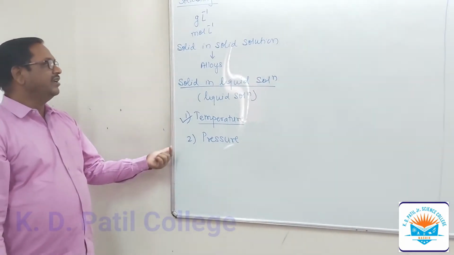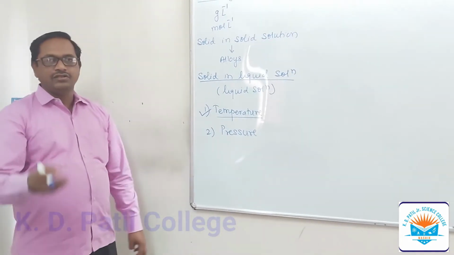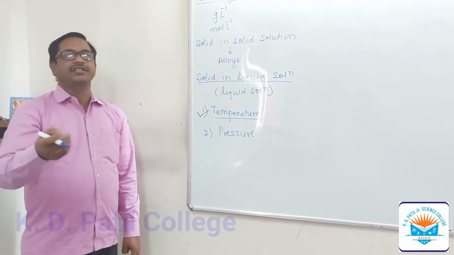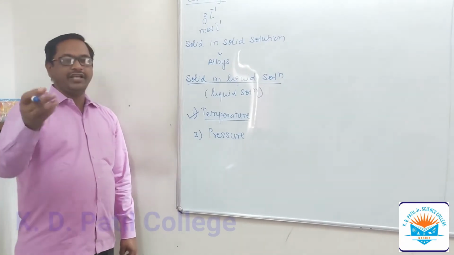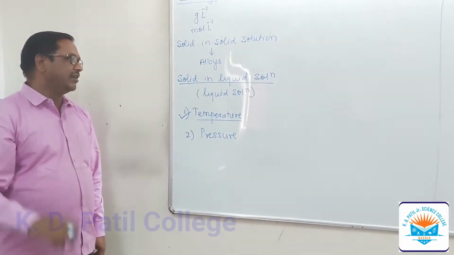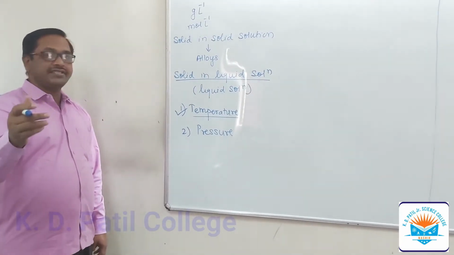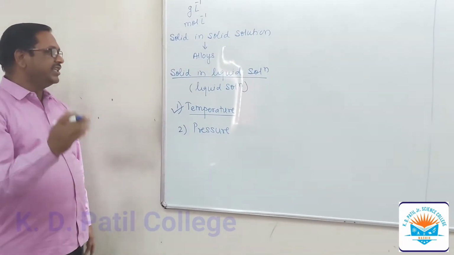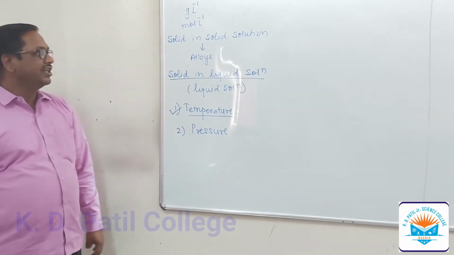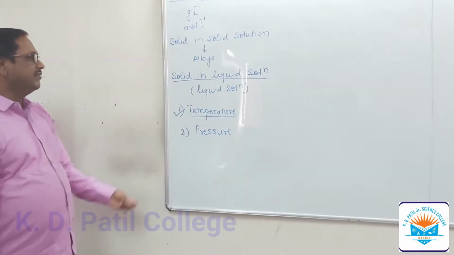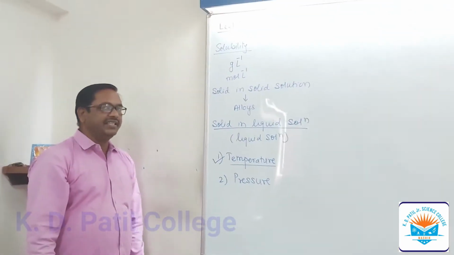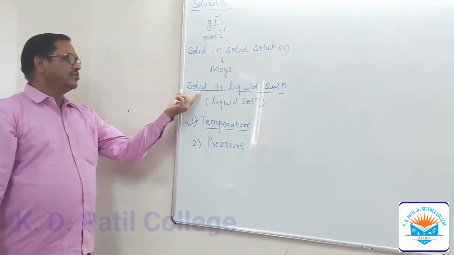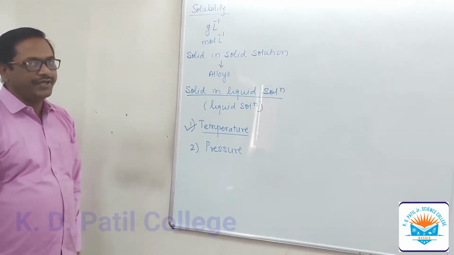For example, sodium chloride, potassium chloride, magnesium chloride, and calcium carbonate dissolved in water show increasing solubility as temperature increases. This is the effect of temperature on solubility of solid in liquid.